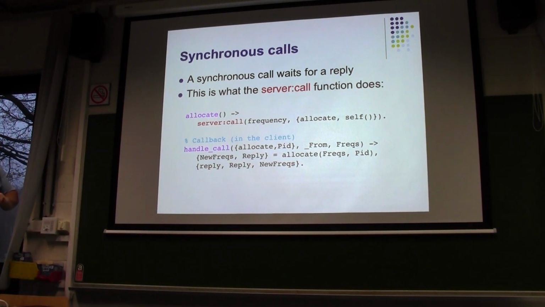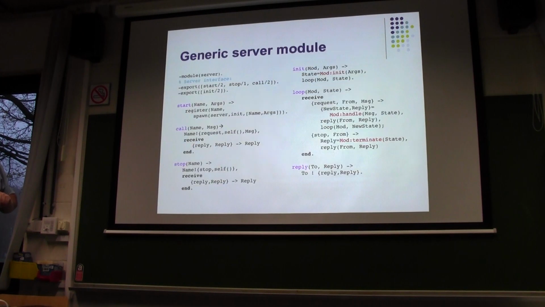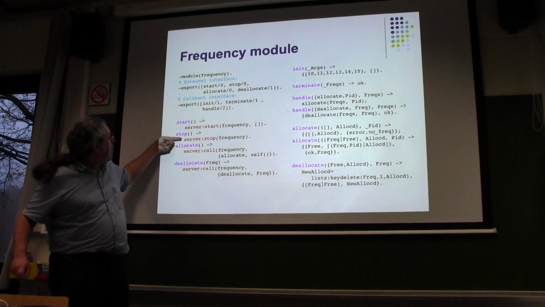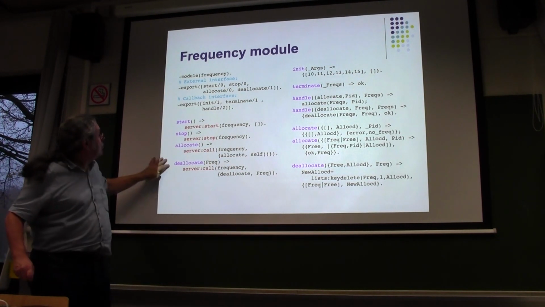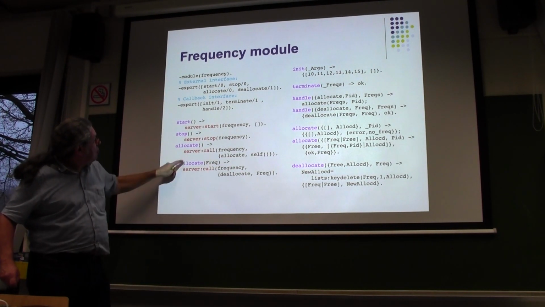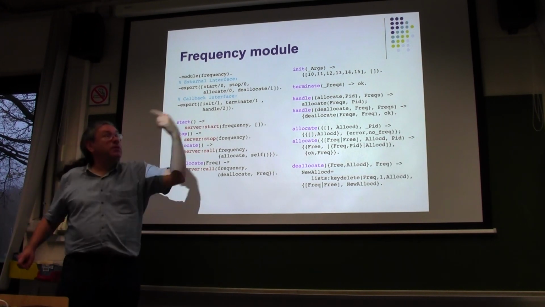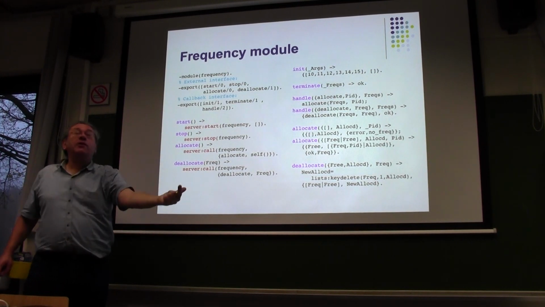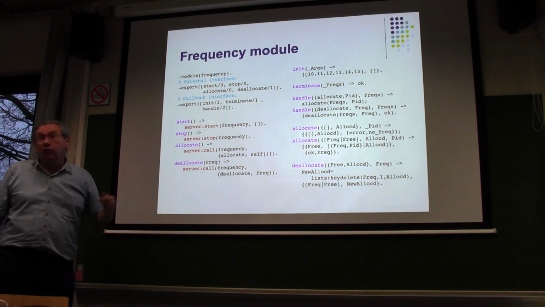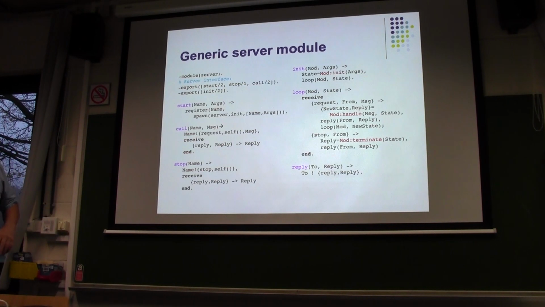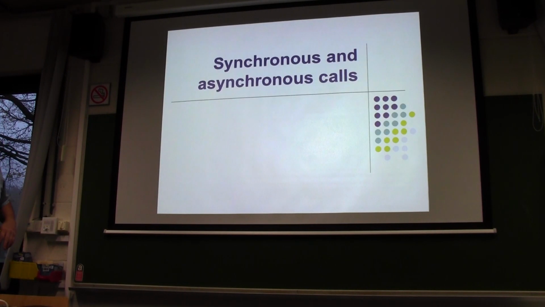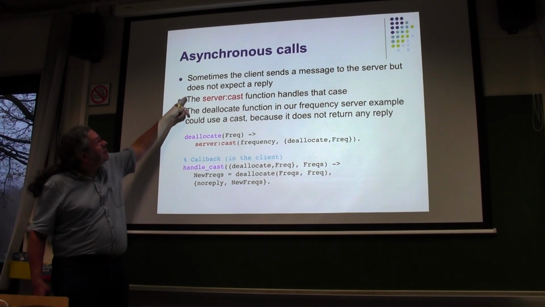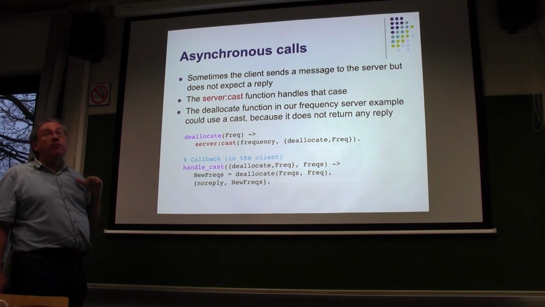So let me just go quickly back to the code for that. Notice when we call the generic module, we use call, which means we need a round trip. But actually, for the deallocate, we don't need to get a return. It's just enough to send the message. So going back here, if you want to do an asynchronous call, sometimes you send a message but you don't expect a reply.